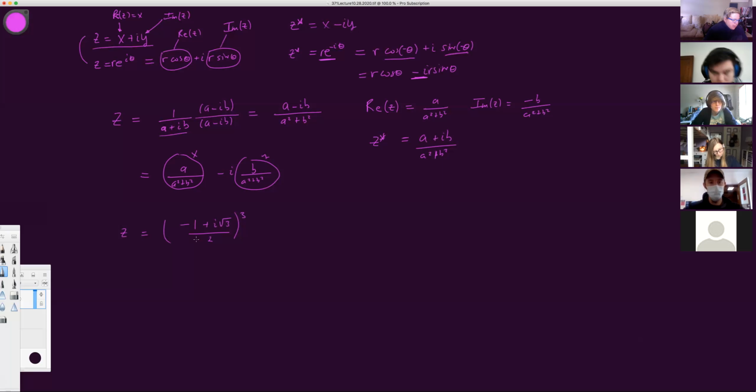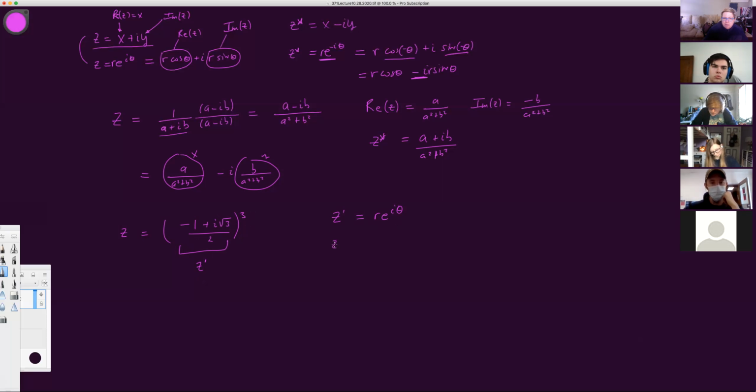Cubing this is going to be a pain and easy to make mistakes. But if we could write this whole thing inside, I'll call it z prime, as equal to r e to the i theta, in that form, then cubing it would be super easy, right?